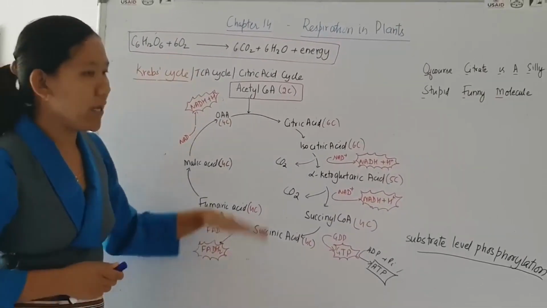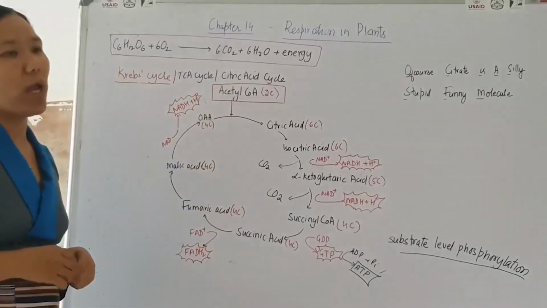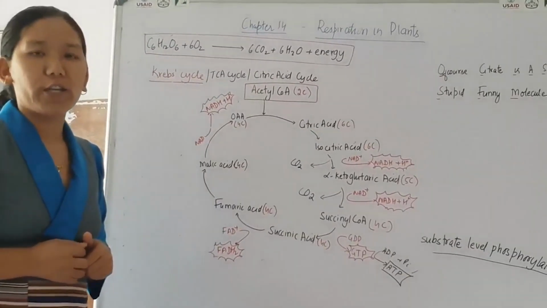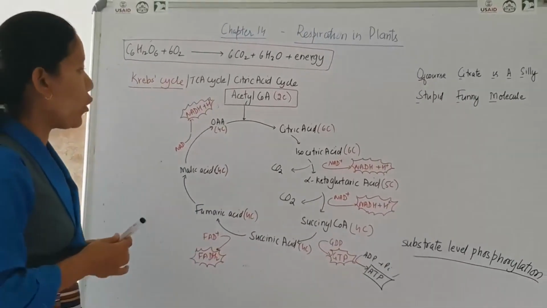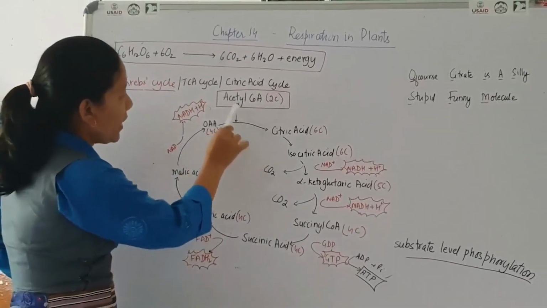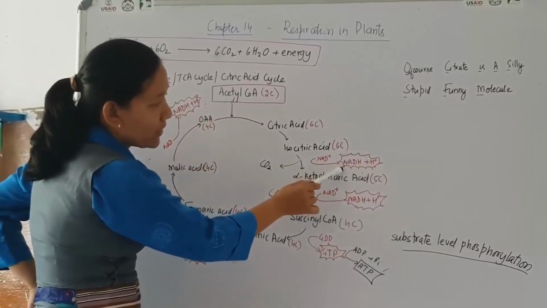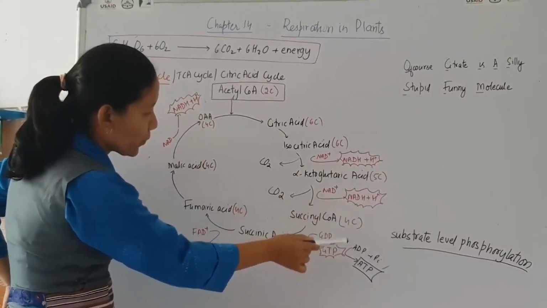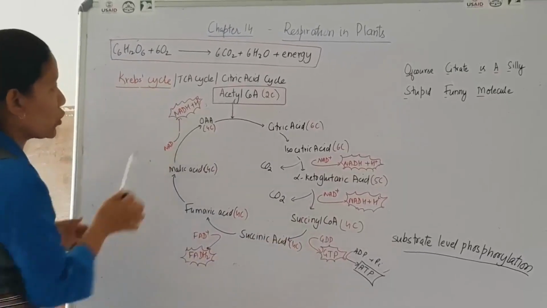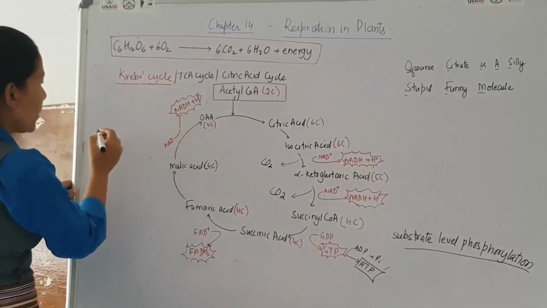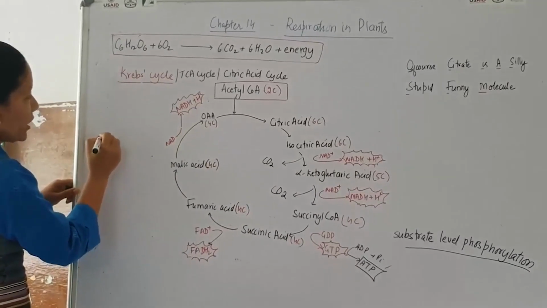As for now, let us just identify where the different forms of energy are synthesized or released. You can see here, one acetyl-CoA is entering the Krebs cycle. So there is one NADH here, 2 and 3. During the Krebs cycle, how many NADH?